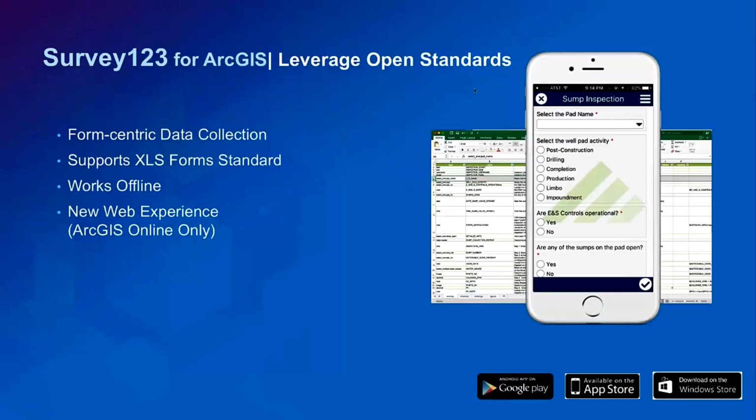And the Connect application will provide a preview of what that form would look like, and then actually publishes that form as what we call a feature service inside of ArcGIS Online or your portal, so that you can store that information inside of the GIS.